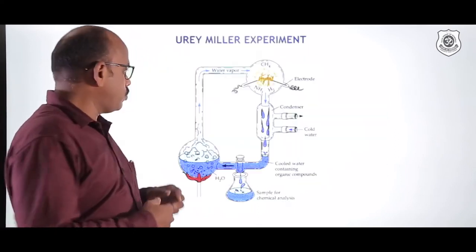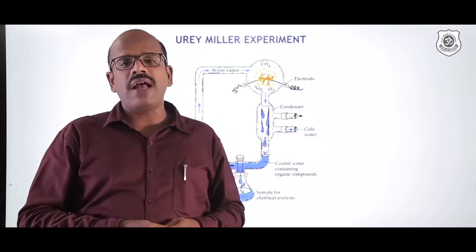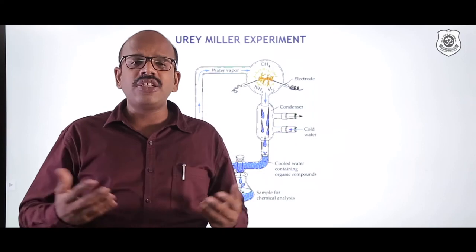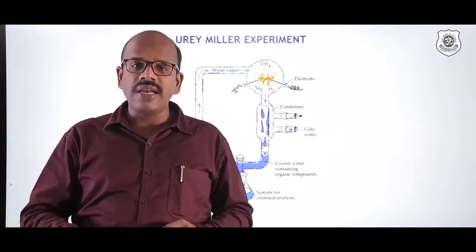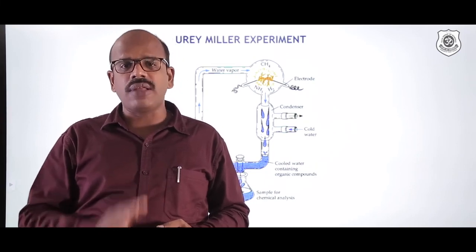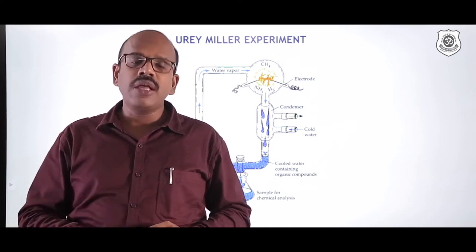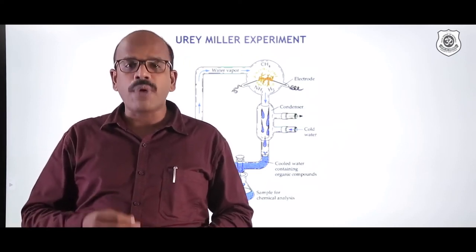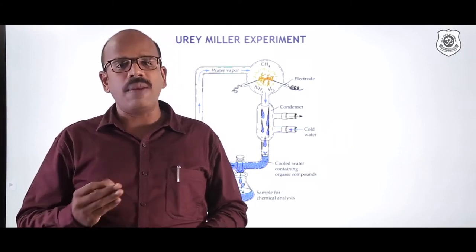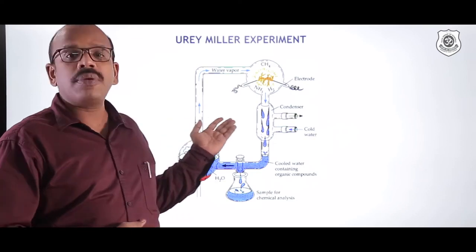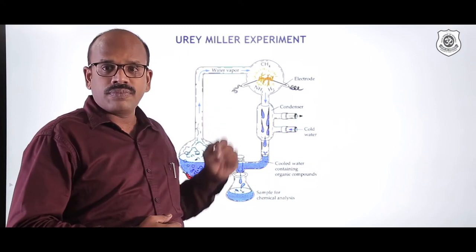Then, as far as evolution is concerned, many of you will be having a doubt. Many scientists have given a lot of theories for evolution, which is true. Till date, the most acceptable theory for evolution is the chemical evolution theory. This theory was proposed by Haldane and Oparin. It was proved by Urey and Miller. This is an experimental setup which was erected by Urey and Miller.